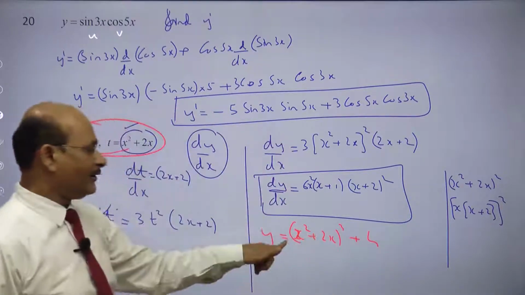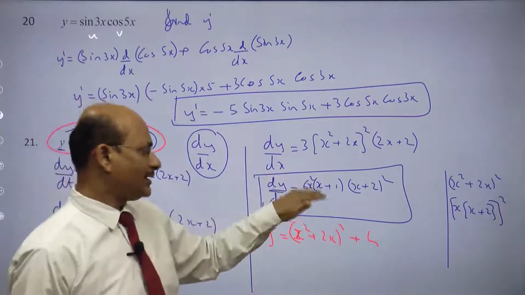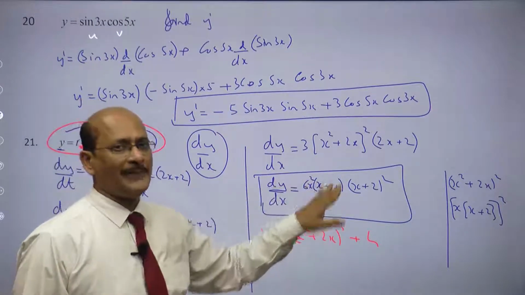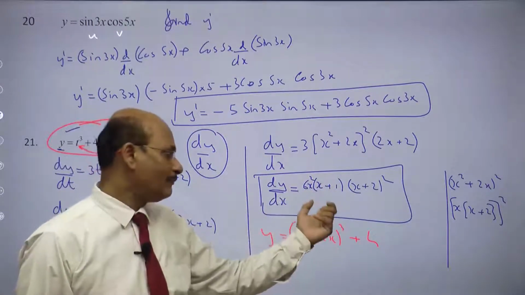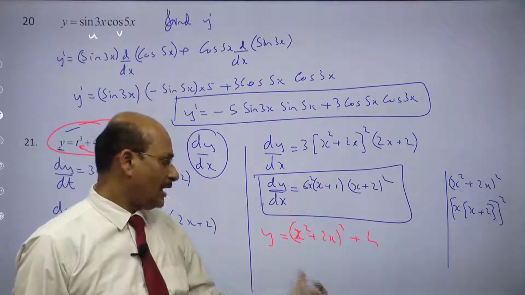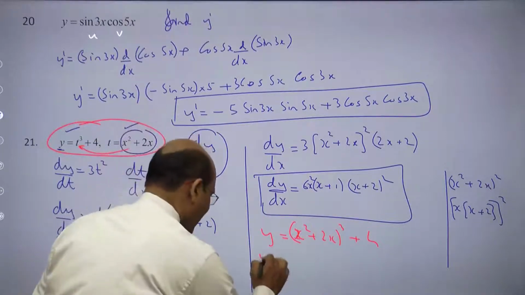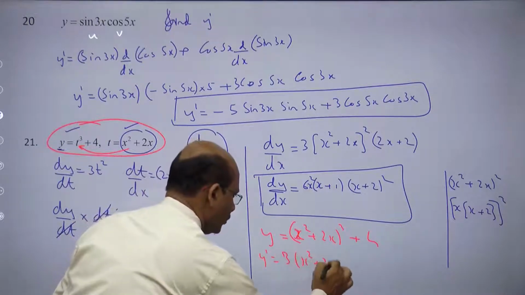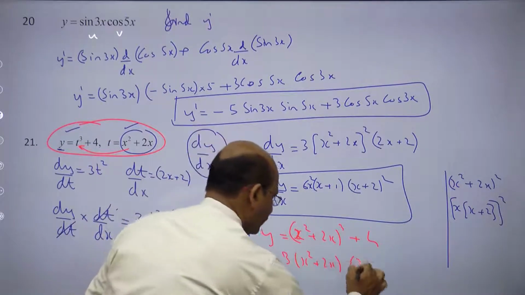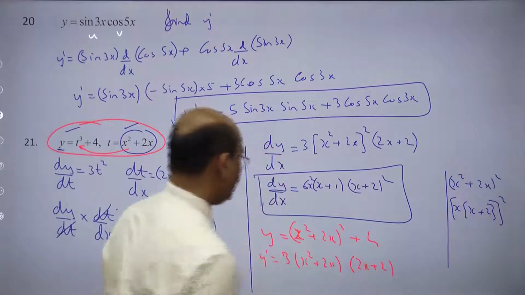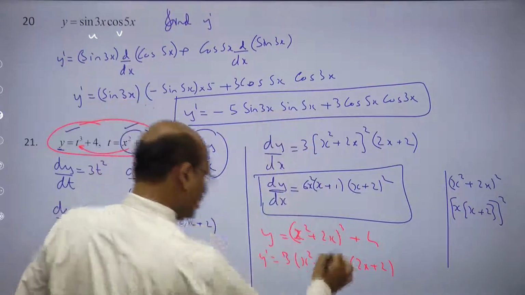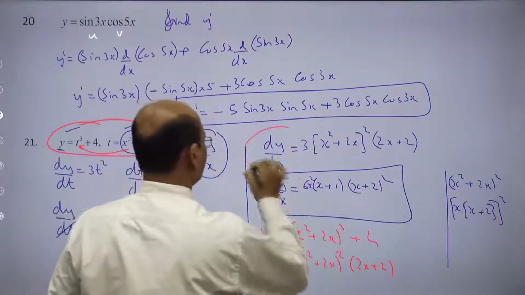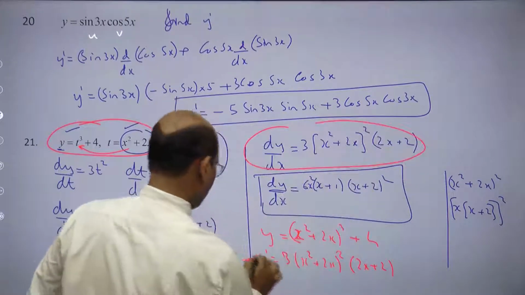Now, find the derivative, 100% you are going to get the same answer, the appearance might not be the same, but if you simplify, after you find the derivative, that is y dash is nothing but thrice of x square plus 2x whole square into 2x plus 2. I think you are getting this square here, see this, the same answer.